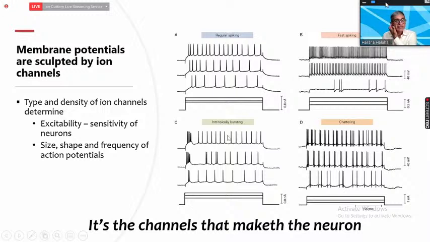In C, you have an intrinsically bursting neuron, which gives bursts of action potentials initially and then gives sparse firing. You have chattering neurons, which have multiple bursts. So different neurons respond differently. Their action potential types and frequencies and the clustering of action potentials is different. And all this is because of the differences in types of ion channels that they possess.